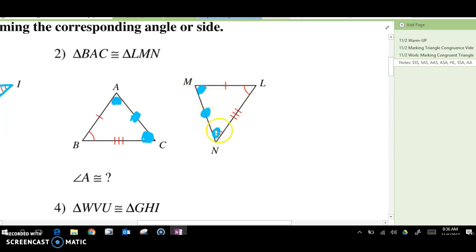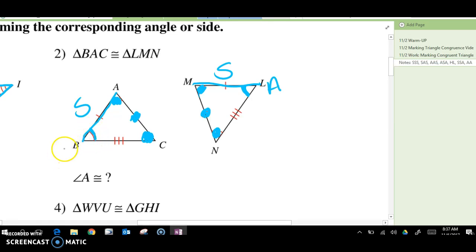Now, I have AB. AB, is that a side or an angle? Side, very good. AB is congruent to, very good, ML. That's another side. On this one, however, I have an angle, don't I? Angle L. Angle L is congruent to which angle on the other triangle?